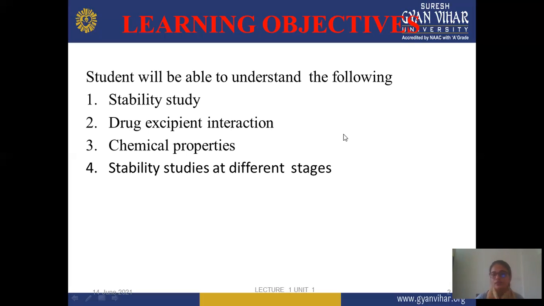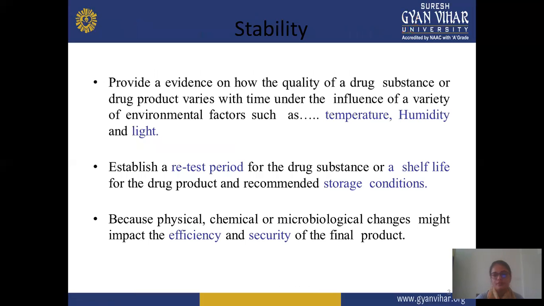Next is stability study at different stages: where stability studies are required, during pre-formulation, during formulation, or after formulation, which stages require this stability study, and how you perform the stability study at various stages. All these are covered in this topic.